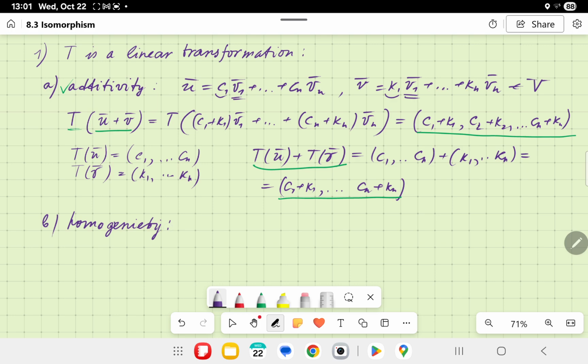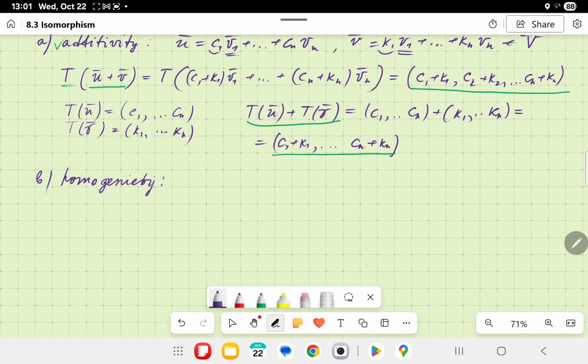Homogeneity. Well, again, I'm going to apply the transformation to some vector u, and we are going to have (c1, ..., cn). And then I'm going to apply the transformation to vector ku, where k is a scalar. Since I multiply k by all the components, I'm going to have (k c1, ..., k cn).